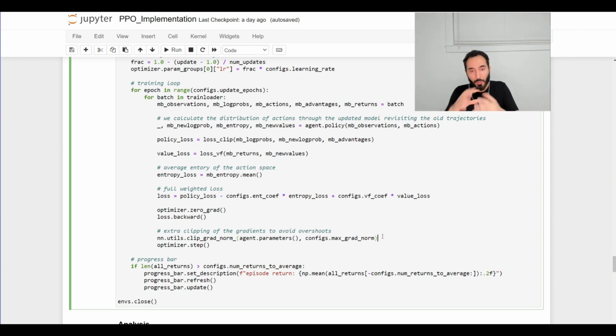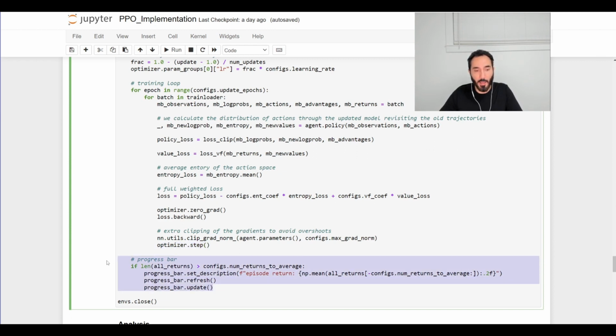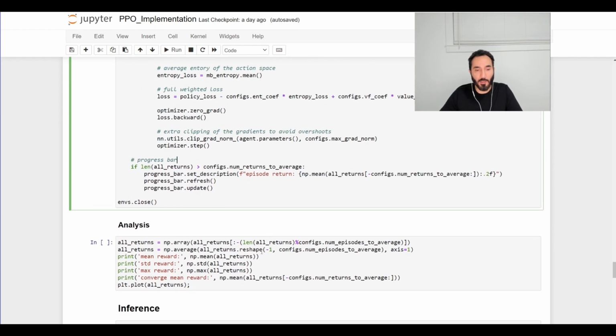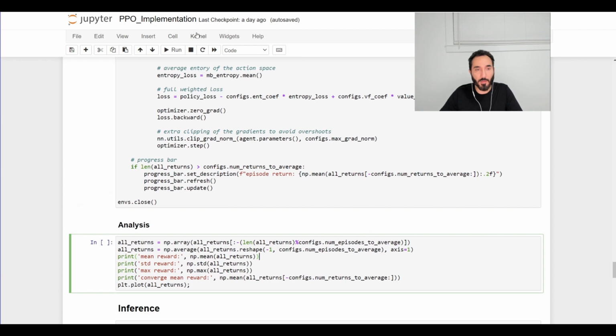So you usually put these things in place to avoid overshooting or unstable behavior. And finally, I do the optimizer step. And that's it. And I print some of the things for progress. That's the training. And in fact, let me just run everything.